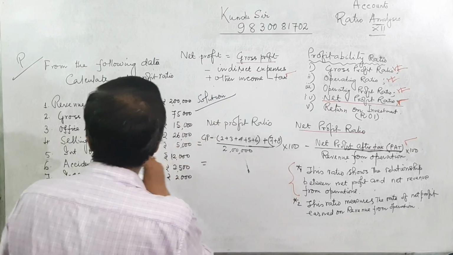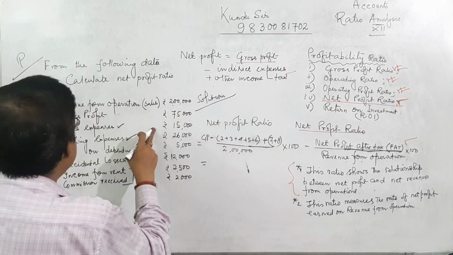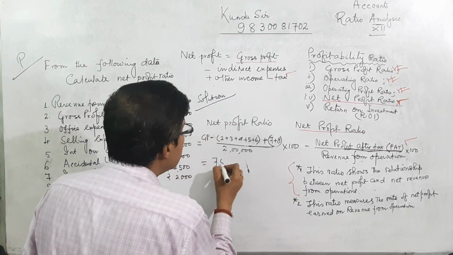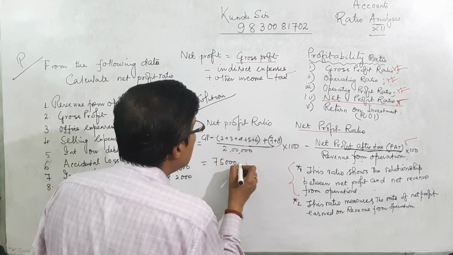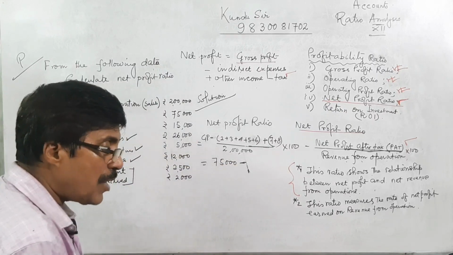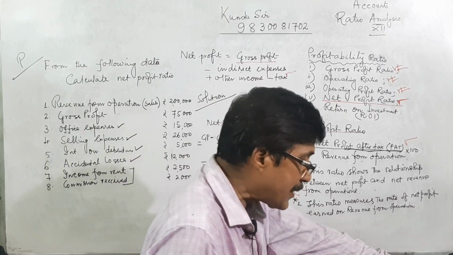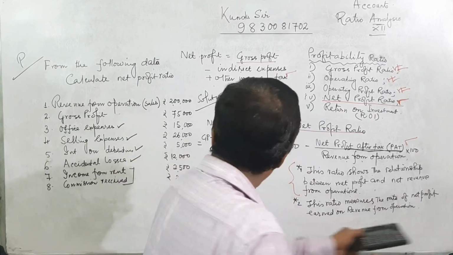Now we are calculating. Gross profit equals 75,000, minus the deducting items.